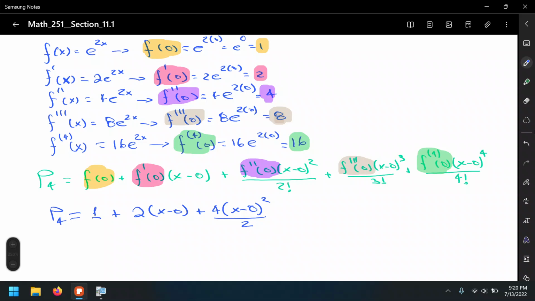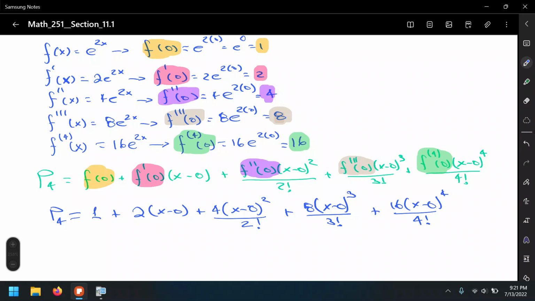And let's leave it in terms of factorials for now. Yes, why not? 4 over 2 factorial, and plus the third derivative, which is 8, times x minus 0 cubed over 3 factorial, and plus 16 times x minus 0 to the 4th over 4 factorial.